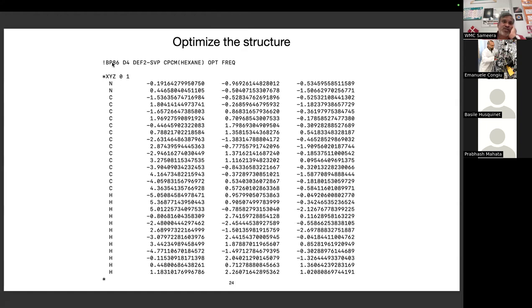For the optimization we are using a density functional that is typically good for reliable geometries, but not good for computing excitations.